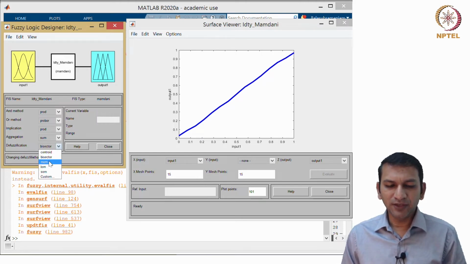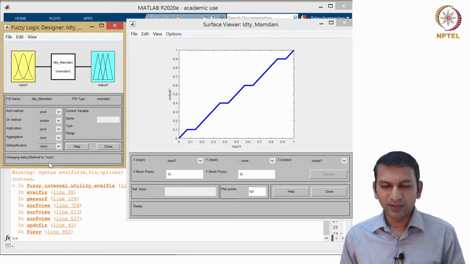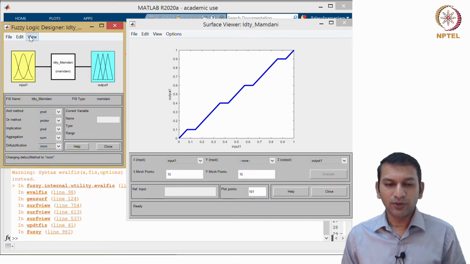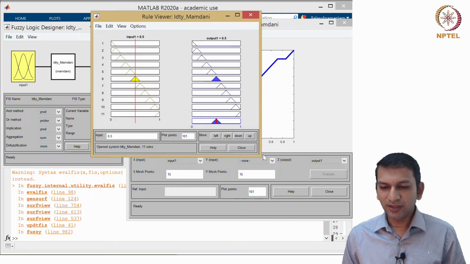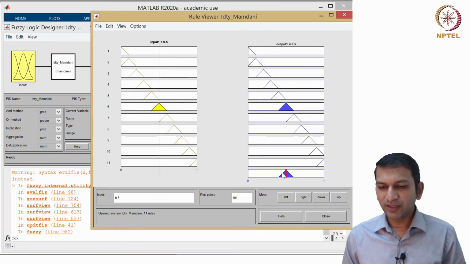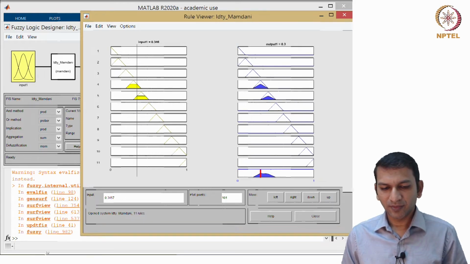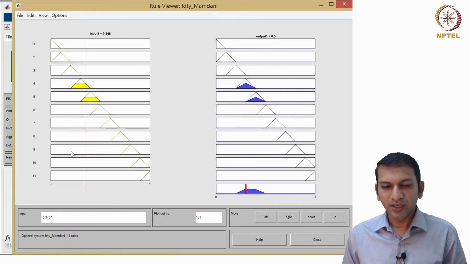Let's try to change this defuzzification function to the mean of maximum function. That means essentially, when you look at the rules, for the given input here, this is the kind of output you have got. You see here, for this input, it has excited these two rules.